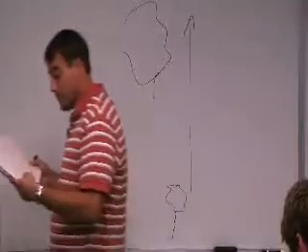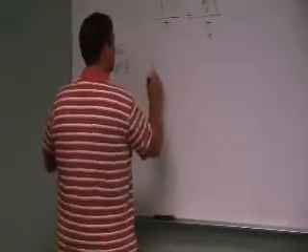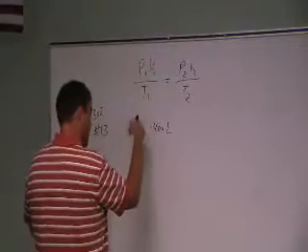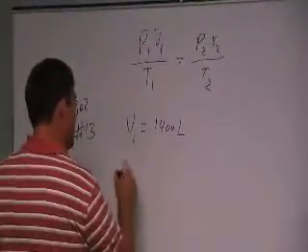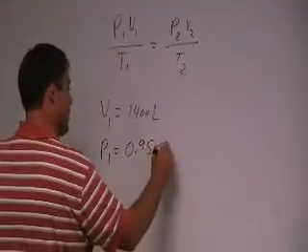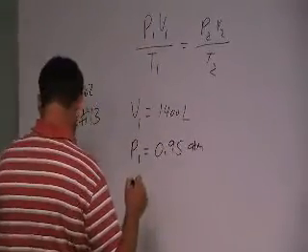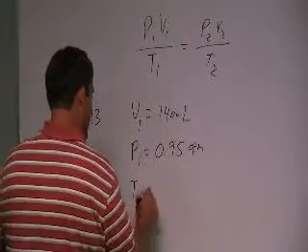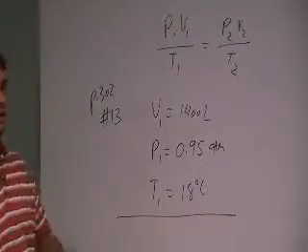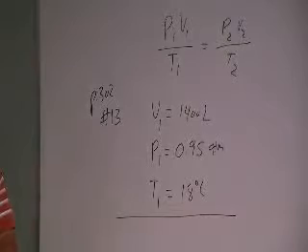Now, here's what the problem says. It contains 1,400 liters of helium. It is at an initial pressure of 0.95 atmospheres, and it is at a temperature of 18 degrees centigrade. And that is right here, Jacksonville, Florida.